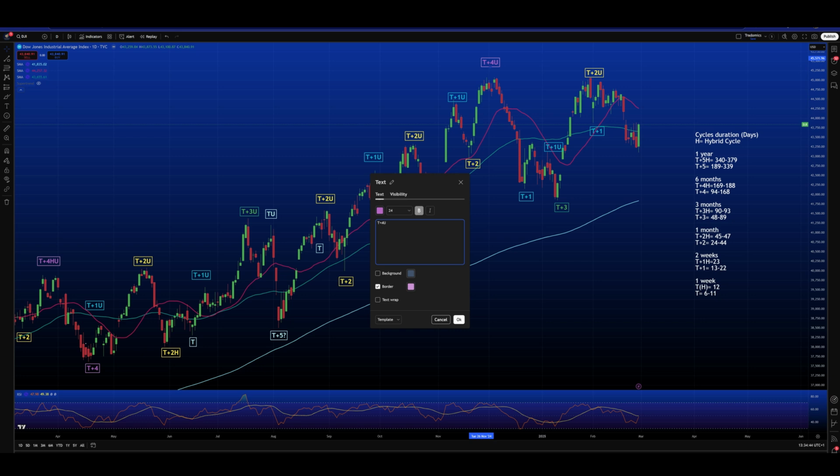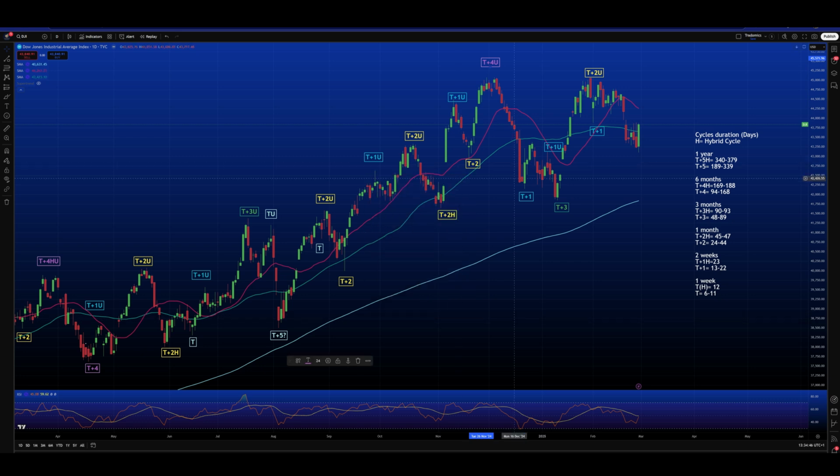It's a 6 months cycle. We have to see whether we will stay in the next weeks or months lower compared to this top, because if this will be the case, then from this top we will have not just a T+4 but even a yearly cycle T+5.